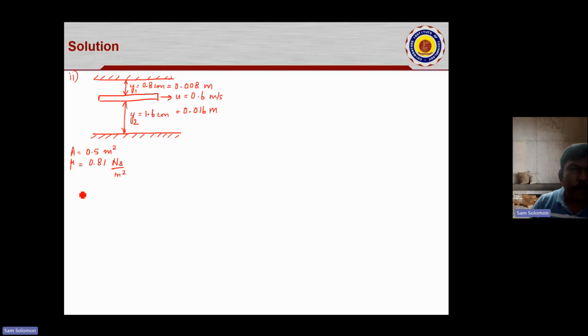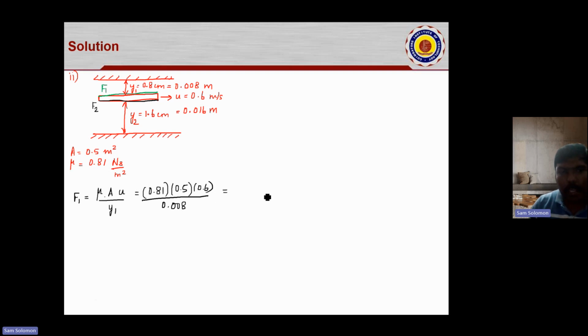In a similar way, here also, the plate will experience a force F1 on the top surface, and it will be experiencing the force F2 on the bottom surface. So F1, just like we did in the previous case, is mu times A times U divided by Y1. So that is 0.81 times 0.5 into 0.6, and now y1 is 0.008.